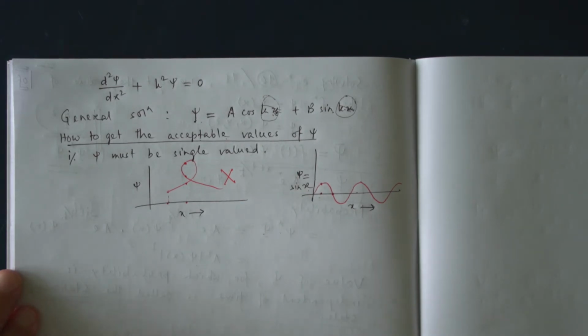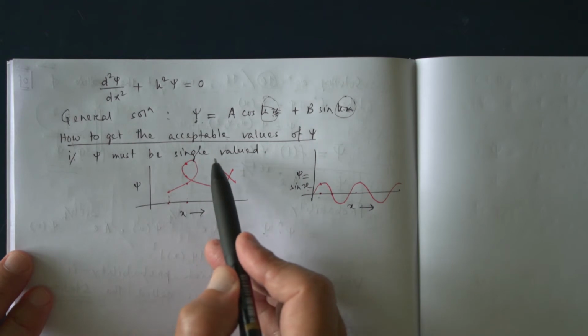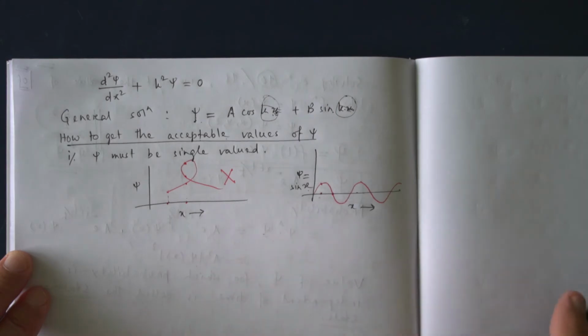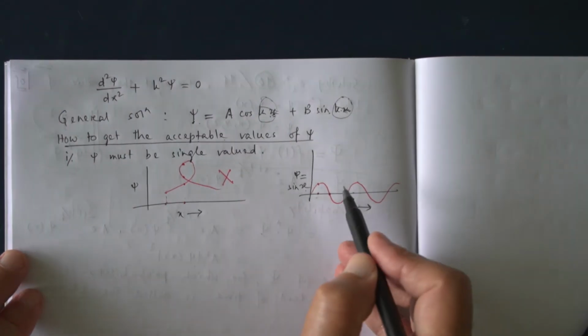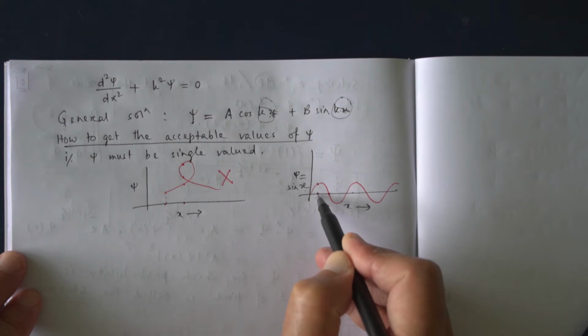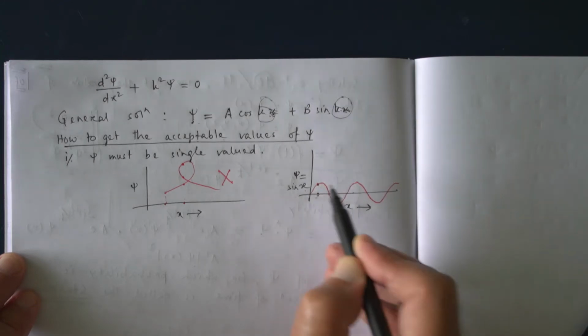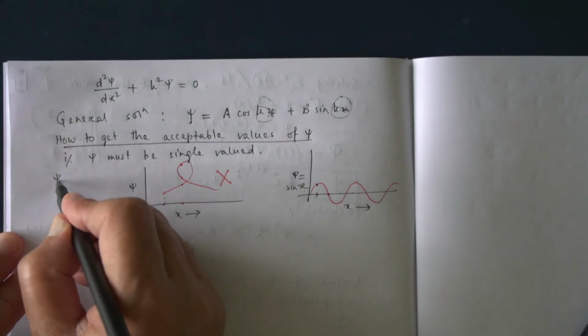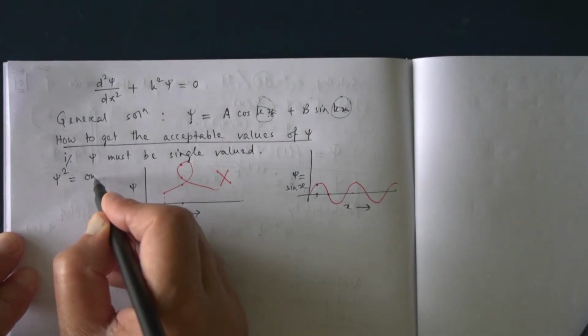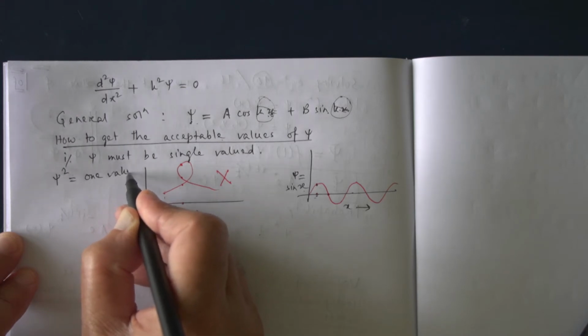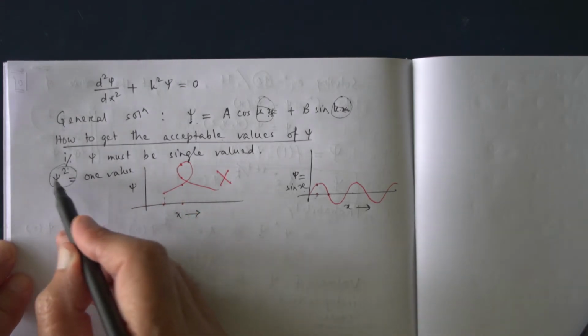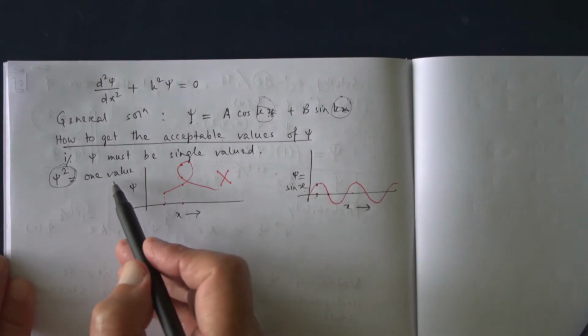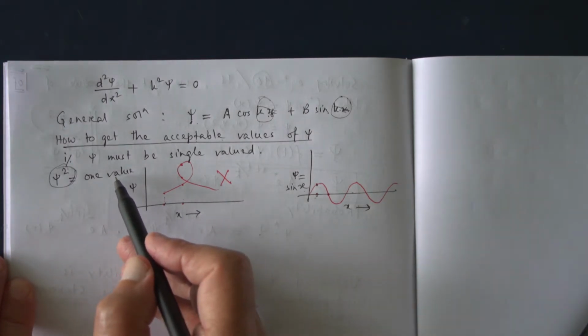Okay, single valued. Now, why must psi be single valued? Because if psi has only one value at a definite value of x, then psi square will also have only one value. That means probability will have only one value at a definite point.